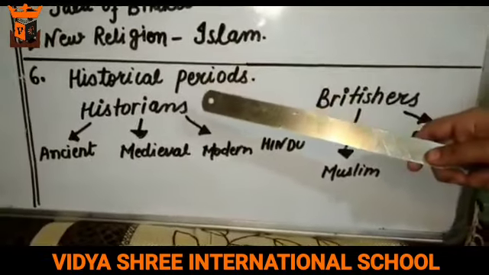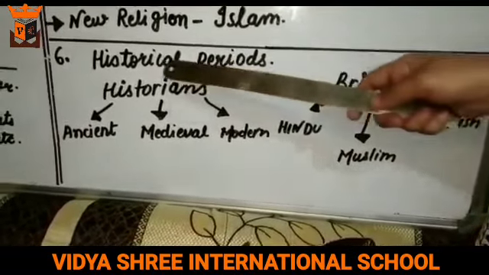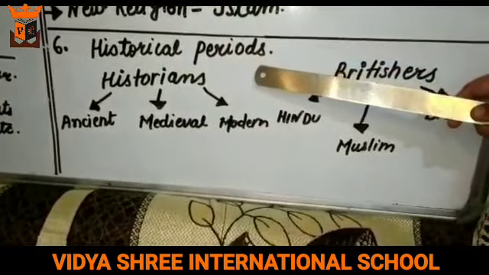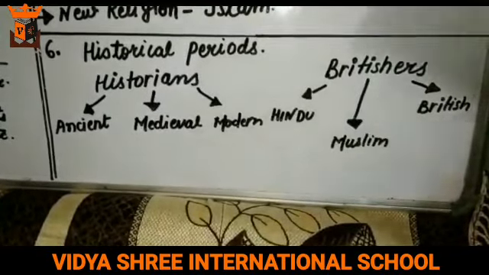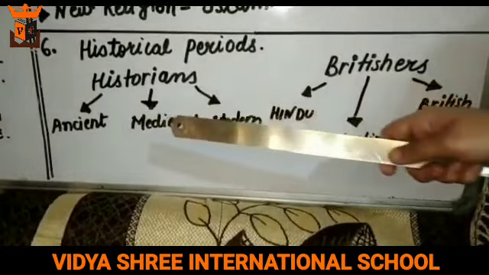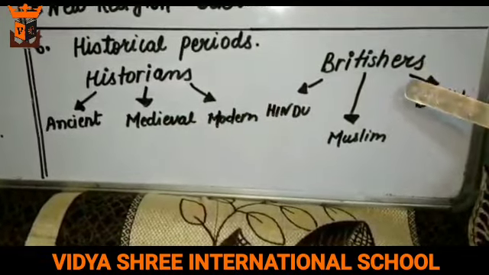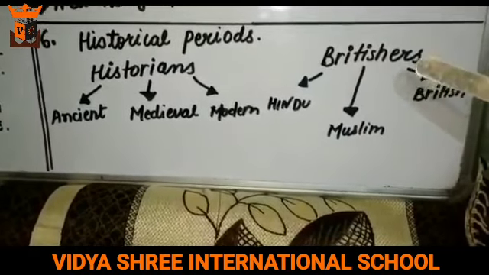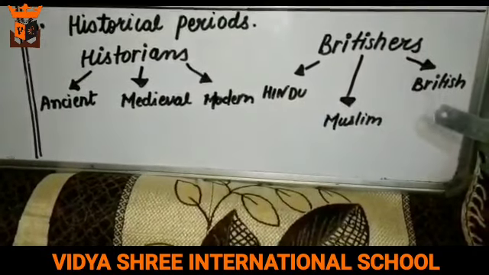Now the last part of this chapter which we will be going to revise today is about historical periods. Okay, as historians have divided Indian history into 3 parts that I have already told you, that is ancient, medieval and modern. But British historians have divided Indian history in their own way, that is Hindu, Muslim and British.